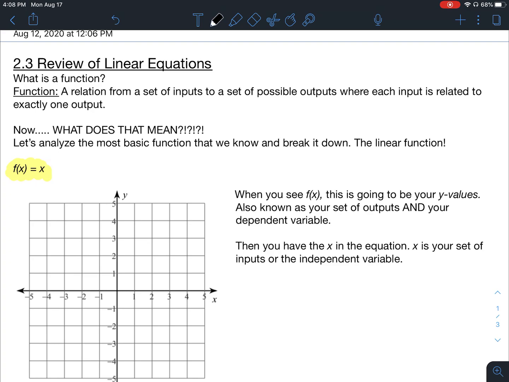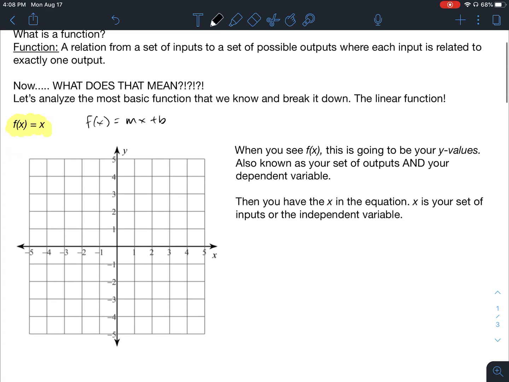But whenever we do any sort of transformations to the linear function, it looks more like f of x equals mx plus b. So transformations meaning depending on what m is, you can have a negative slope or a more steep or more shallow slope. And depending on what b is, you have a y-intercept, right?